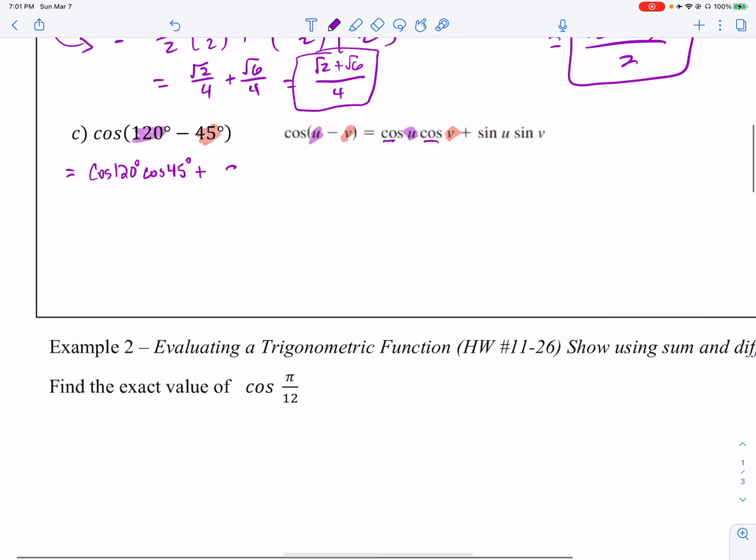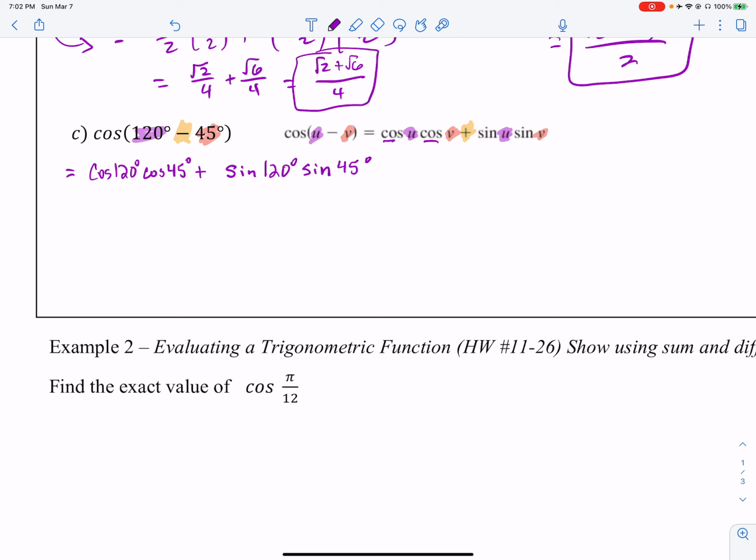And then we do sine of that first angle, and then again, sine of that second angle. So in cosine, remember that this is opposite: if it's a difference, you're adding these two terms.